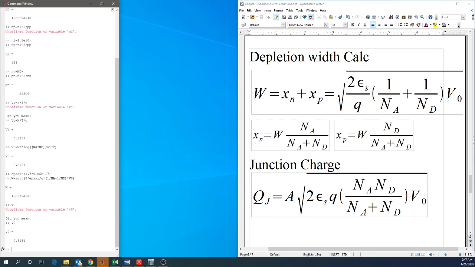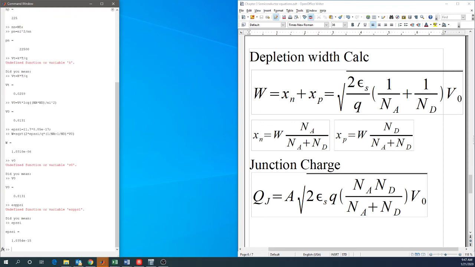And so let's try this again. Did I forget a factor of 2? Nope. Divide by Q times 1 over NA plus 1 over ND times 0.814. Let's look at epsilon. 1.04. I've got a factor different with my epsilon. There's some difference here, times 10 to the negative 12th.